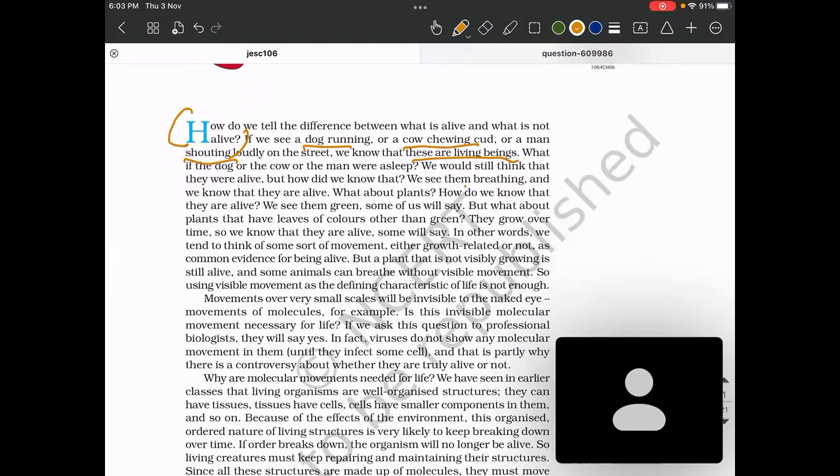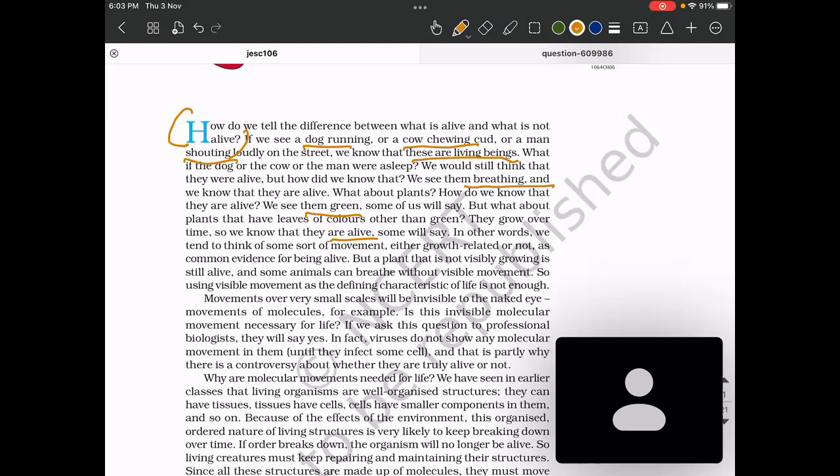Organisms are breathing. And the plants look so green in color, so they are alive, and they can do photosynthesis. The plant leaves are green; in plants, if it looks so green, you can say it is alive.